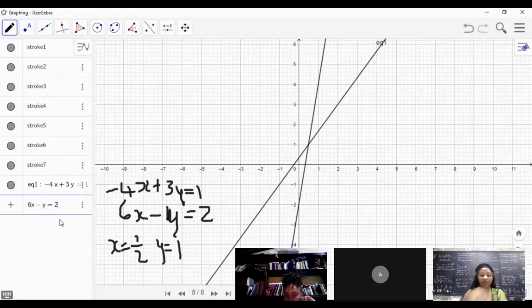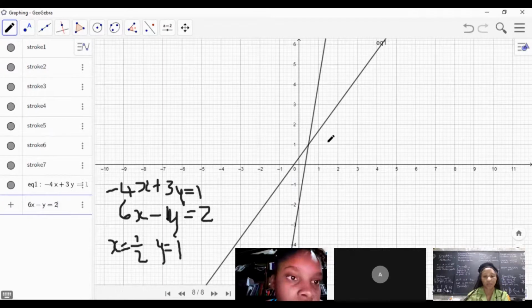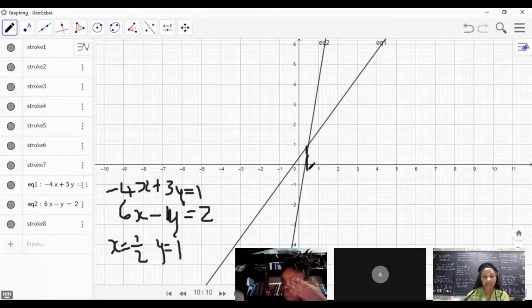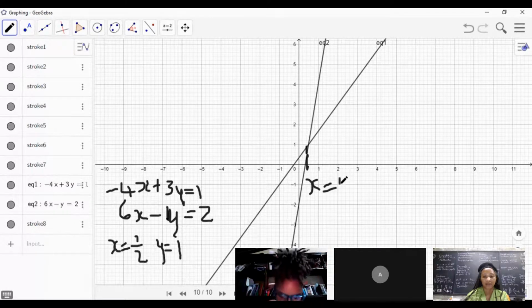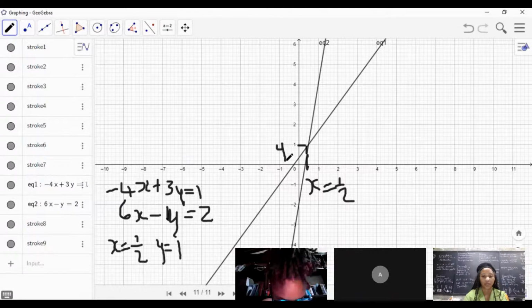All right, so there's a solution right here. So x is a half. Yes, miss. And y is 1.